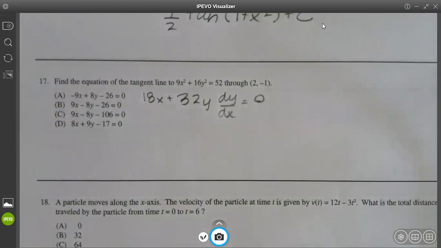What do we know about this equation? Keep going. Before you even do that, what did I tell you is a little bit easier if you go ahead and do what? Go ahead and plug in first and then solve for dy dx. So then you only have dy dx instead of x, y, and dy dx. So what is your x coordinate?